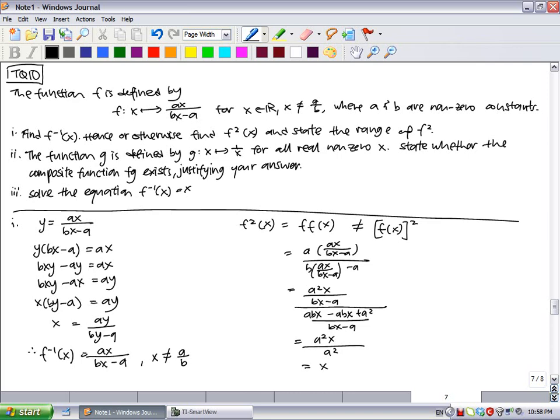Because there's a and b and whatnot. But if you think about it, for f f of x to be equal to x, this is actually saying that f of x equals f inverse of x. Do you see that?